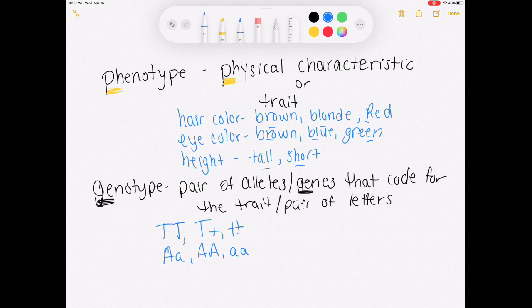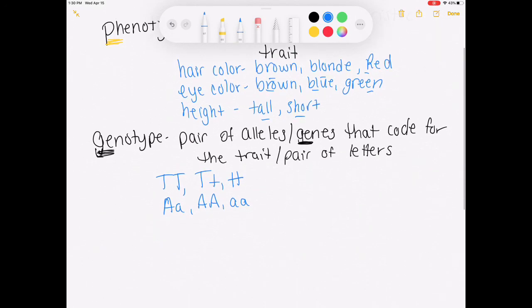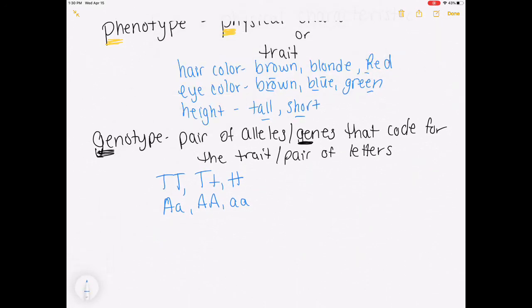Now, how would this be asked of you? Let's say I said to you, there's a phenotype of brown eyes. And I also have to tell you that brown is dominant. What is a possible genotype?